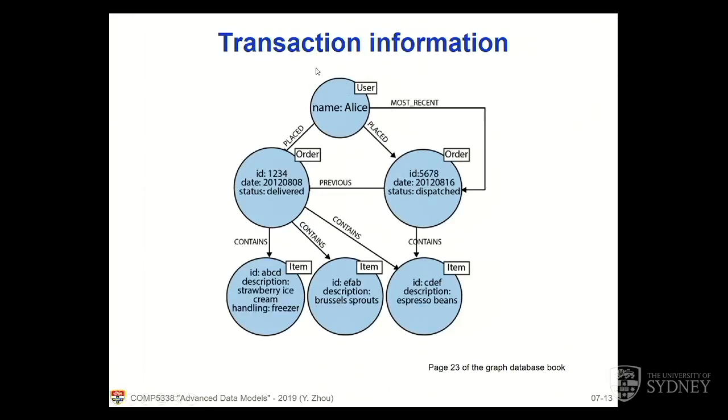Here, if we want to model transaction information, the transaction consists of users and the orders the users placed, and each order can contain lots of items. So there are quite a few objects. That's three types of objects or entities.